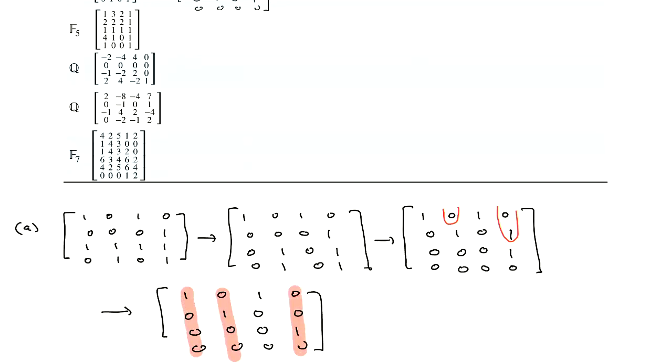And the corresponding columns back in the original matrix form a basis for our column space. This one, and this one. Let me know if I've made any mistakes. Okay, so it's those three anyway.